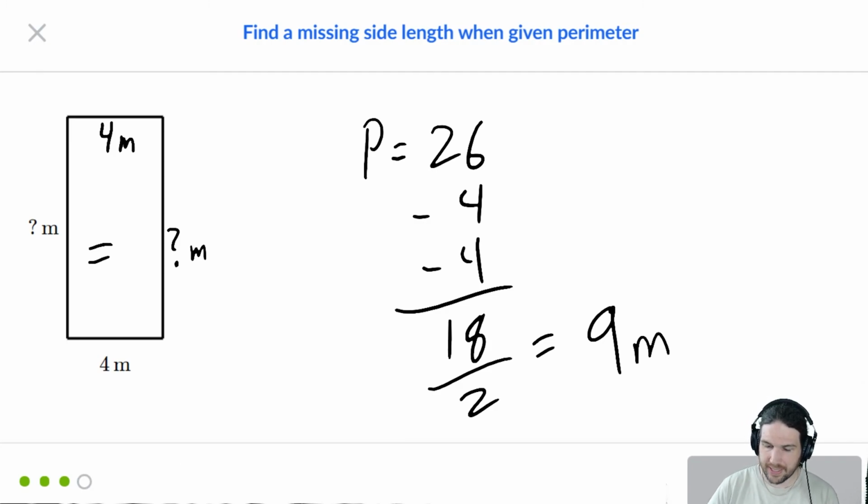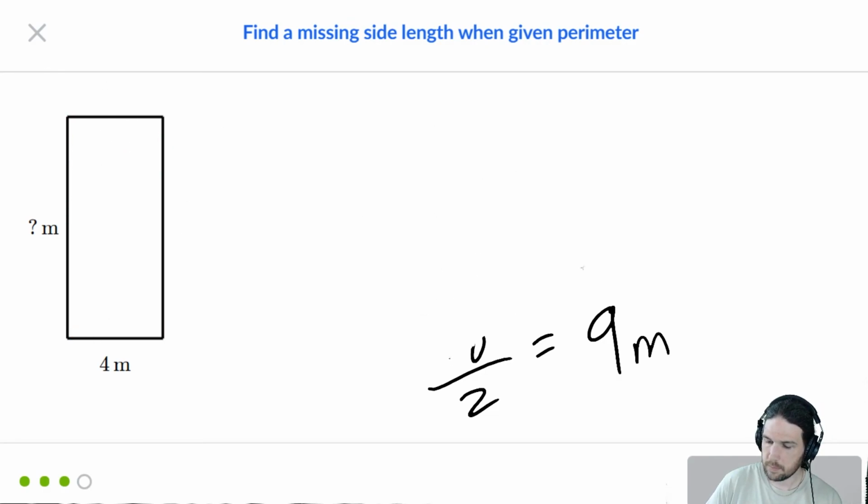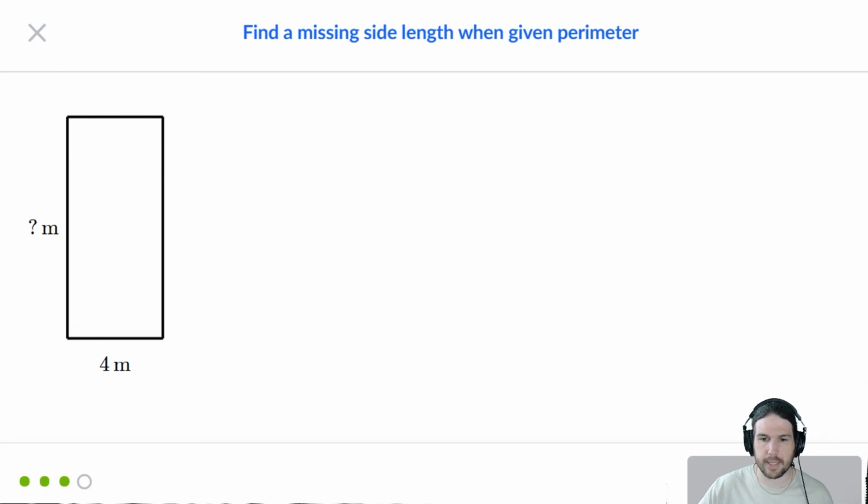And we know that it is evenly distributed between the two sides of the rectangle that are missing, because that's how rectangles work. Opposite sides are equal to each other. We know they're the same, so there is no ambiguity as to how they add up to a total of 26. So 9 meters is the correct answer there.